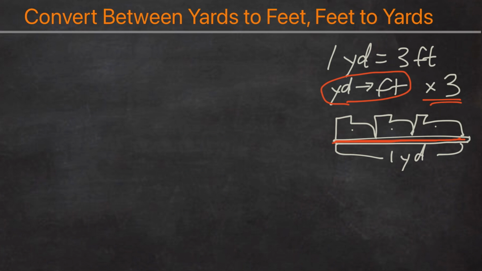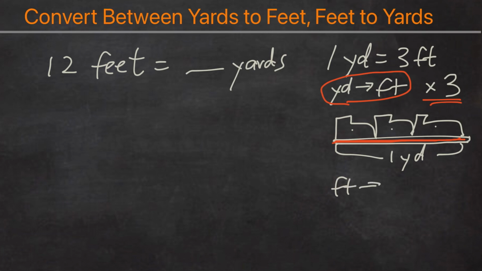Now let's try one where we're converting from feet to yards. So we have 12 feet in this example. Now we want to convert to yards. Now when we are converting from feet to yards, we divide by 3. Here we have 12 feet.